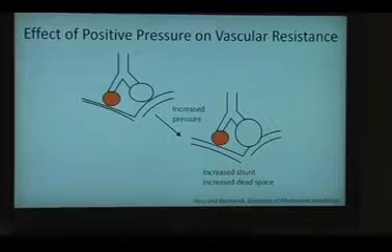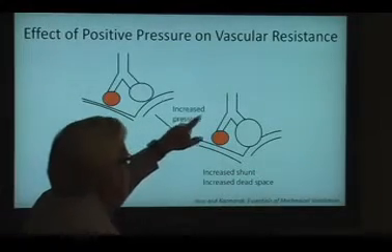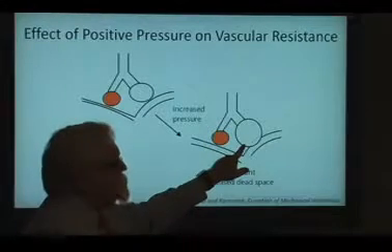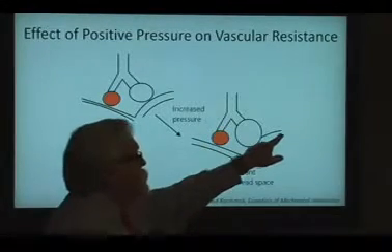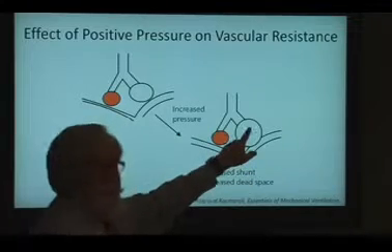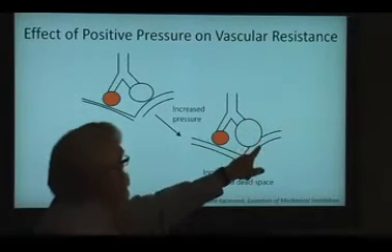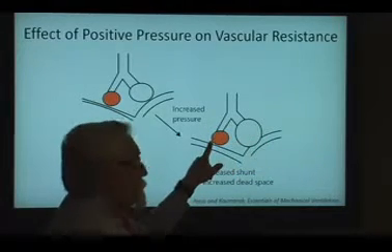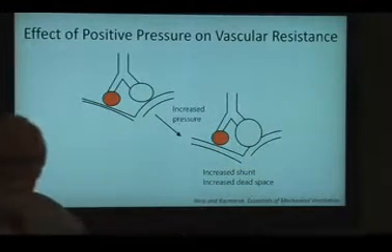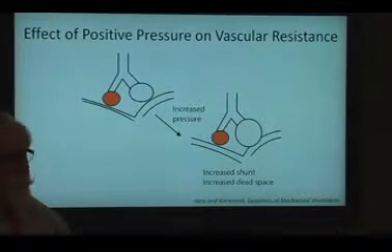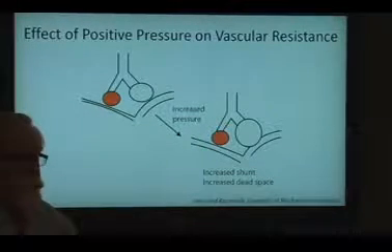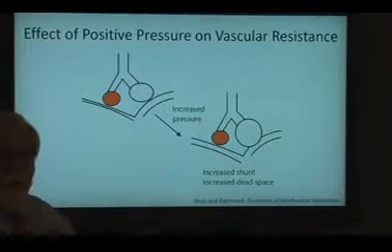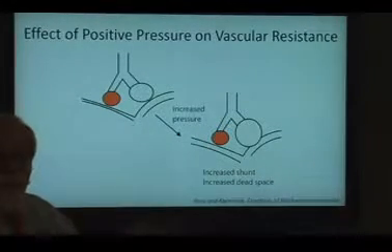If we add too much PEEP, then we can over-distend this already opened alveolus. That will increase the resistance to blood flow past this alveolus and redirect blood flow from the normal alveolus to the sick alveolus. So that's the mechanism that explains why sometimes when we increase PEEP in a patient with ARDS, their oxygen saturation goes down.